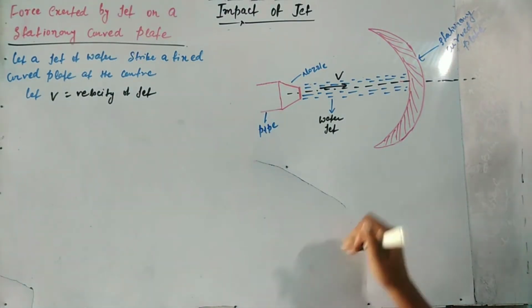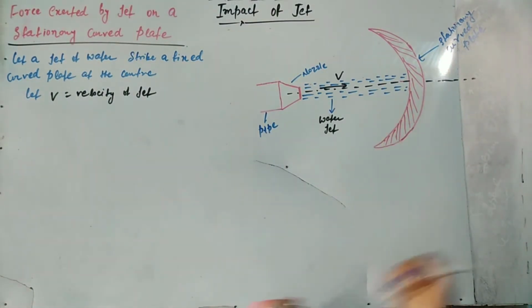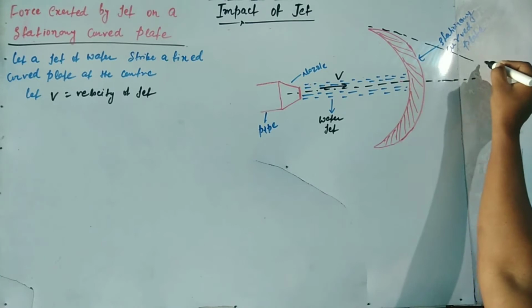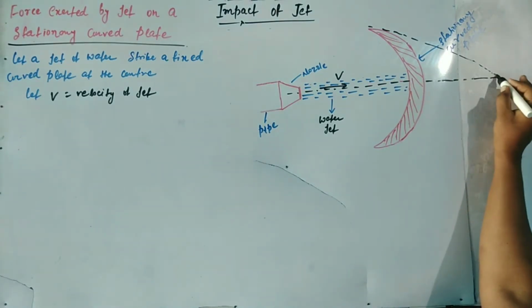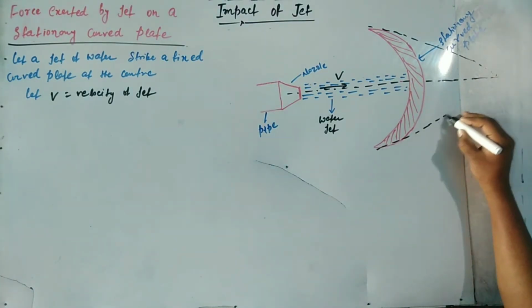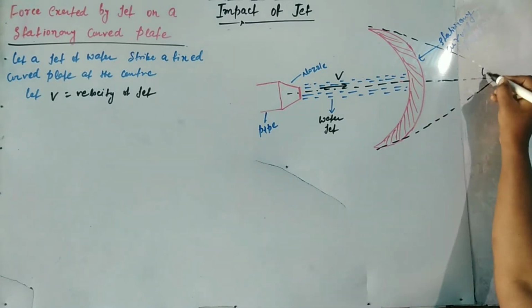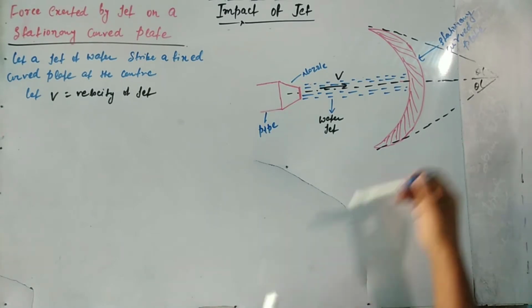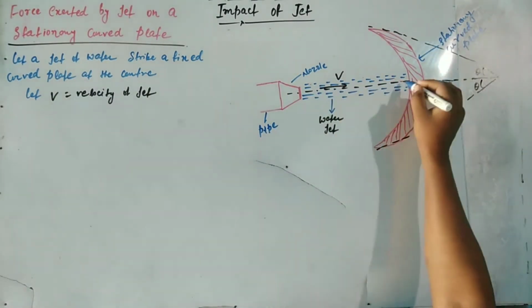Now you can see the angle between the stationary curved plate and the direction of the jet is equal to theta, and both angles will be equal because the jet strikes at the center, so its angle will be theta.